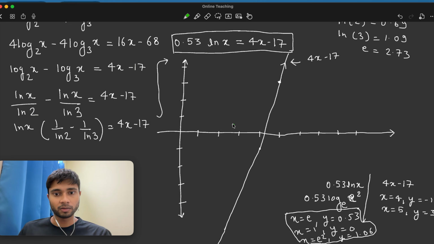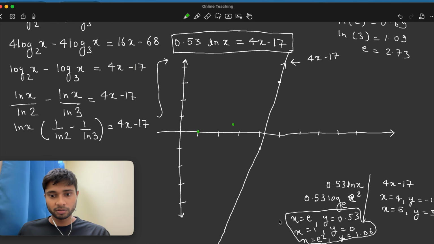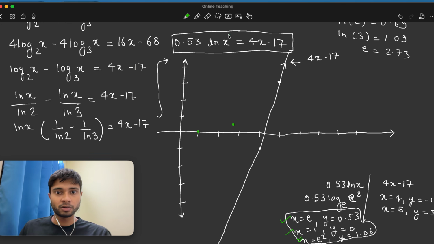So this is x equals e, y equal to 0.53. Similarly, at x equals 1, y is equal to 0. This is another point. At x equals e square, y is equal to 1.06.